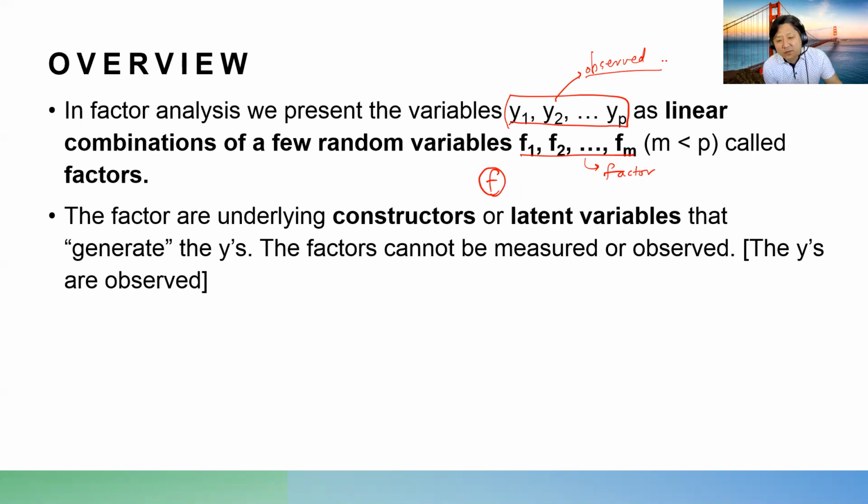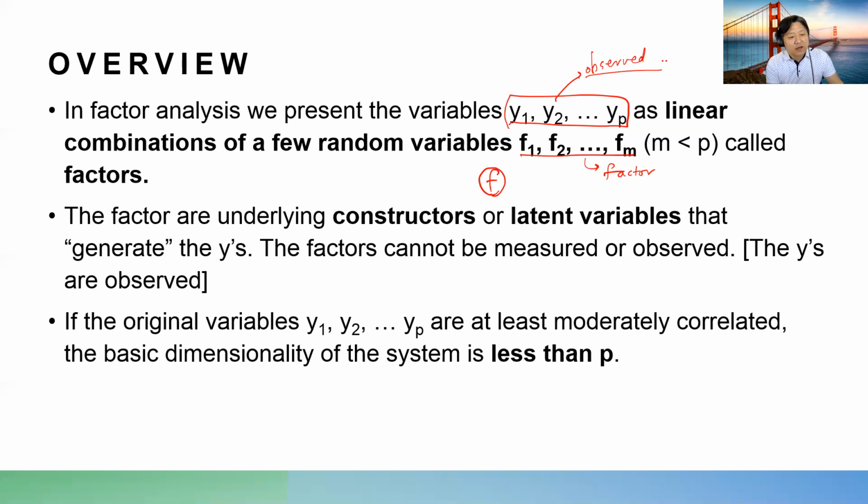For example, love. We can measure love by using some survey data, but we cannot directly measure or observe love. So this is a latent construct. But height and weight are observed variables. Height is height, weight is weight, so we can directly measure them using physical measurement.